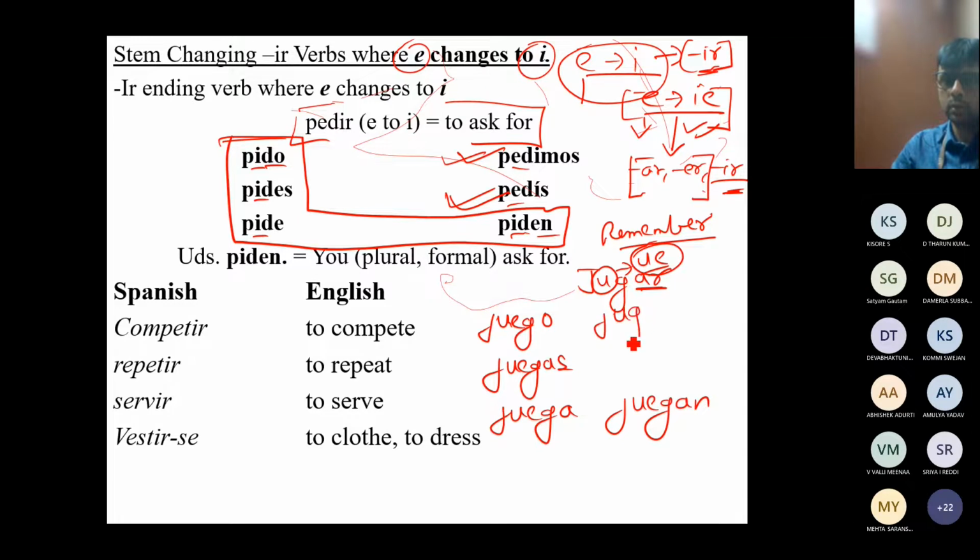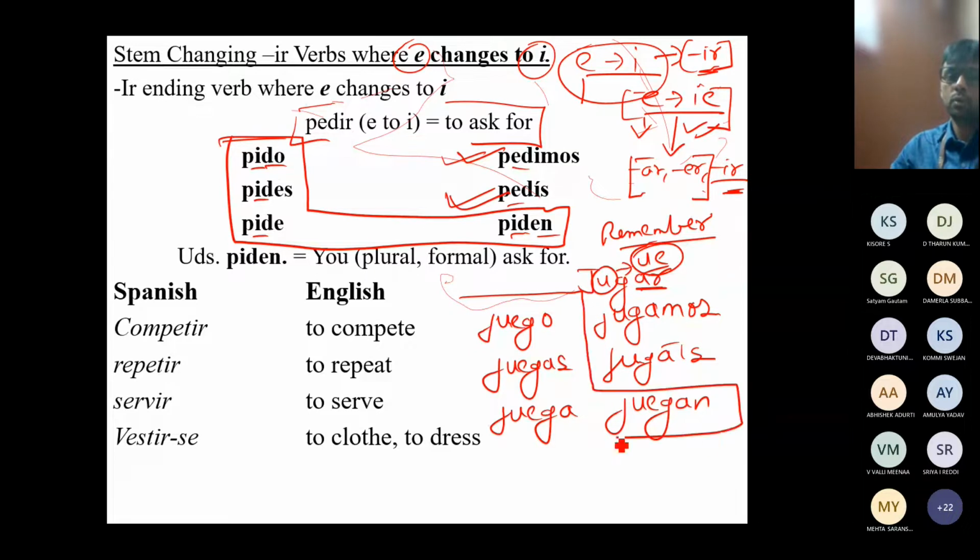And here it will be jugamos and jugáis. Okay, same boot rule under which the first person singular, second person singular, and third person singular plus plural are changing in the same part, but the nosotros and vosotros, it is not. So this was the verb jugar, which means to play.